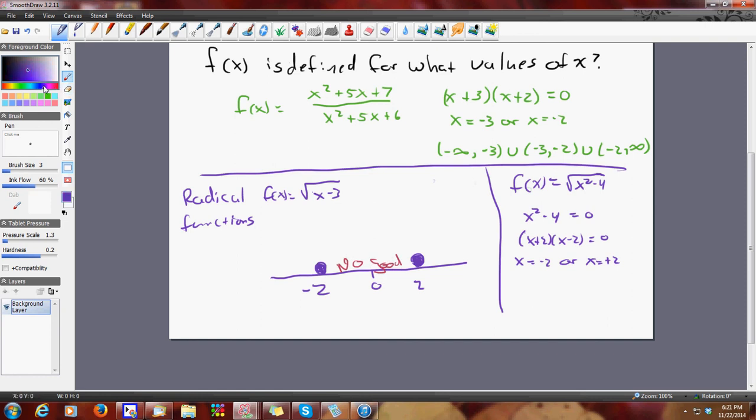So with a little luck, it should work when the number is 2 or greater, or less than negative 2. So let's try negative 5. Negative 5 squared is 25, minus 4 is 21. That's great. Positive 5 squared is 25, minus 4 is 21. Radical 21 is the value, so my domain is from negative infinity to negative 2, oh, sorry, it should be included, or 2 to infinity.